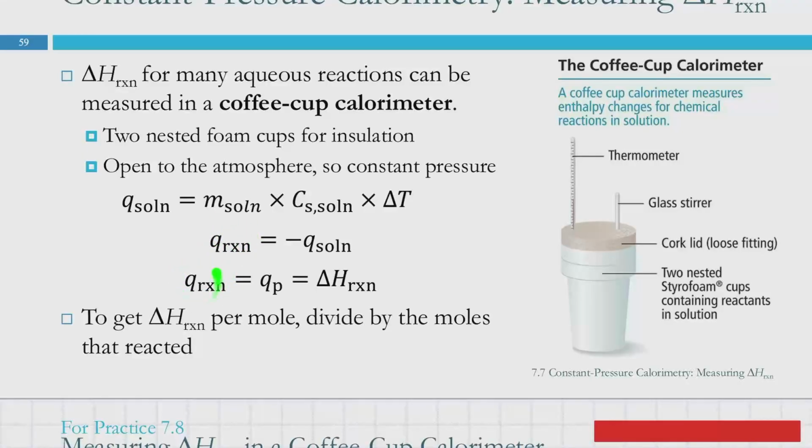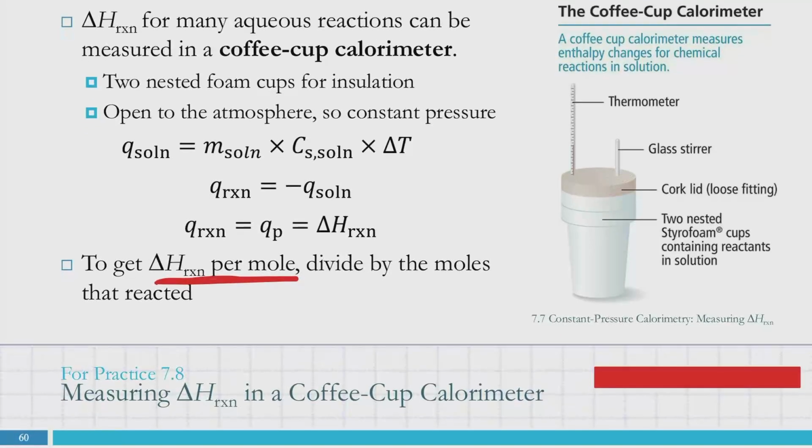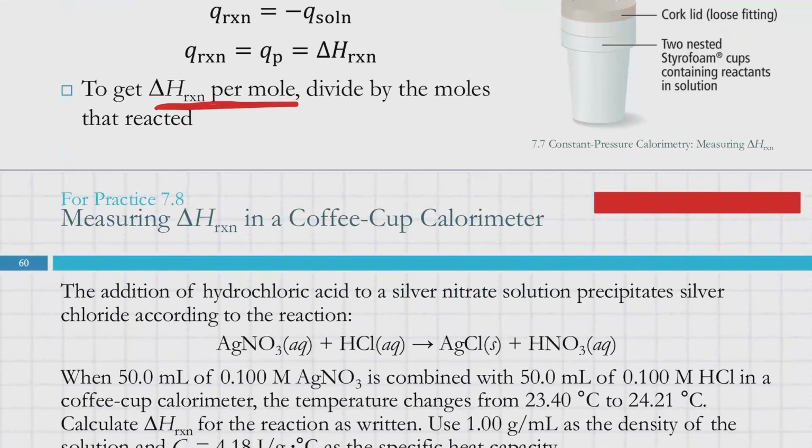And so that reaction heat is going to be our QP, our heat at constant pressure, which is approximately the same as our change in enthalpy of the reaction. So this can do an okay job of estimating our delta H for a reaction. When we do these reactions, our delta H needs to be per mole, and so we need to divide by the moles that we reacted, which we'll see in this next problem.